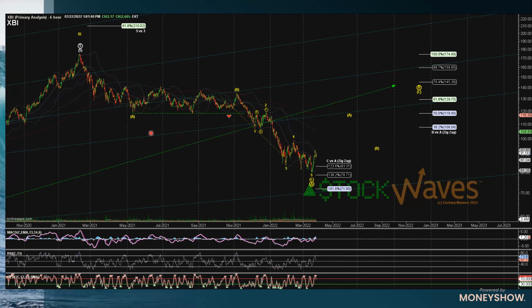I try to avoid alternate wave counts. I know that's one of the big criticisms of Elliott wave chartists, that there are always two different counts. And part of that is true. With Elliott wave, we're figuring out what is the most probable path based on the Elliott wave rules, and also ruling out what is the least probable or very unlikely.